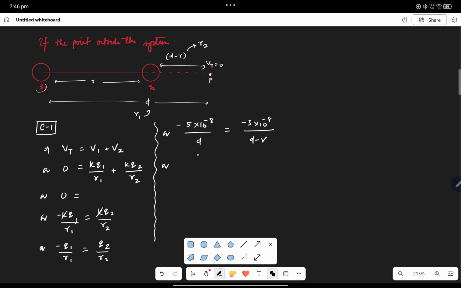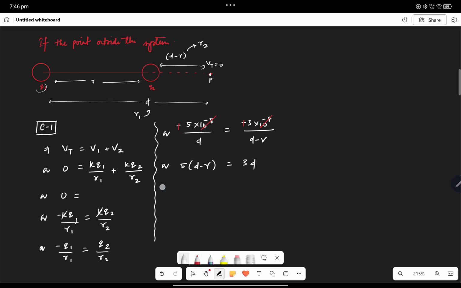After that we can cancel out the negative signs, and 10 to the power minus 8 on both sides, and then 5(d minus r) is equal to 3d. So 5d minus 5r is equal to 3d.